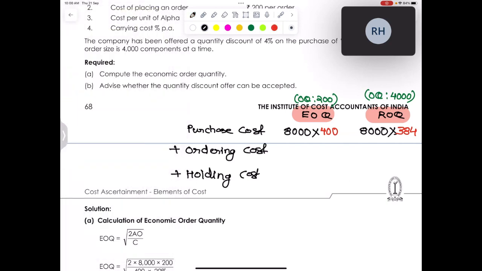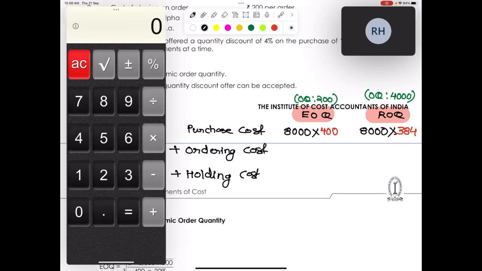So if I order 200 units at a time, then annually I have to purchase 8,000 units. If 200 units is to be ordered at a single time, then 40 orders are required to be placed to purchase 8,000 units.